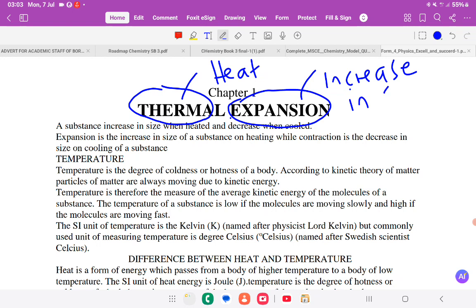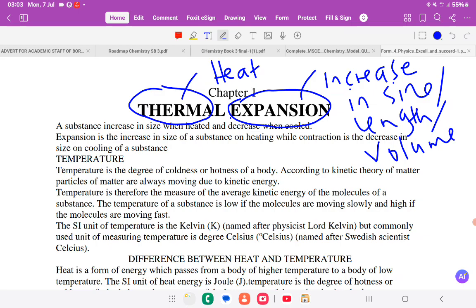Increase in size. It can be increase in length, increase in volume. So what is thermal expansion then? We define thermal expansion as the increase in size of a substance on heating.